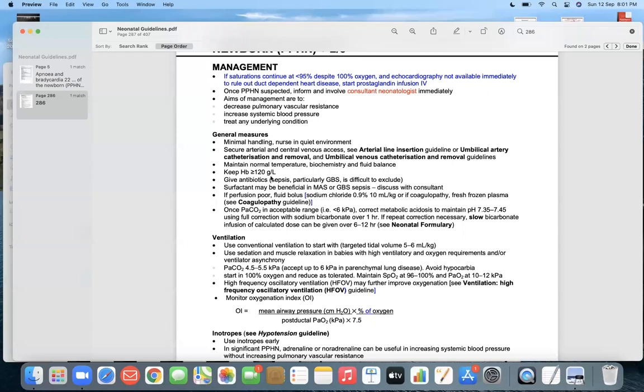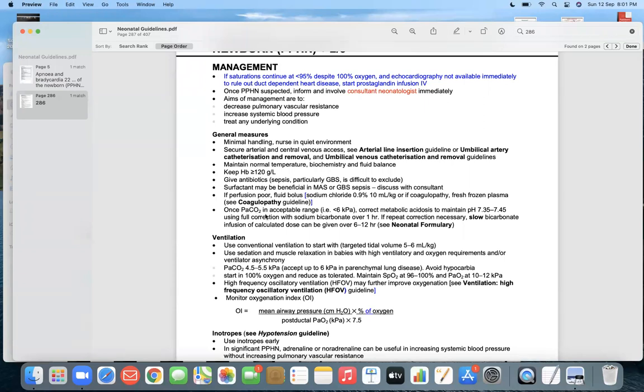Give antibiotics if you are suspecting sepsis, particularly as GBS is difficult to exclude. Surfactant may be beneficial in meconium aspiration syndrome or GBS sepsis. Discuss with the consultant. If poor perfusion, give a fluid bolus of 0.9% saline, 10 ml per kg, or if coagulopathy, fresh frozen plasma.